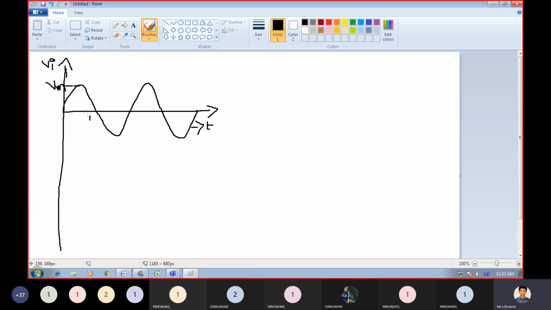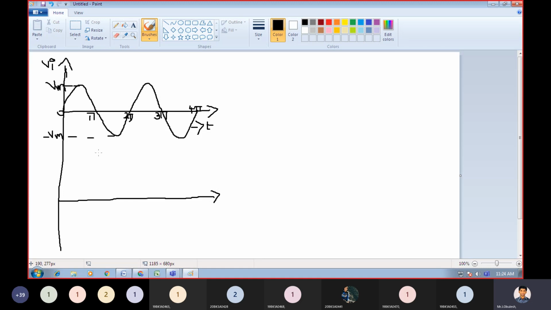Assume that this is pi, 2 pi, 3 pi, and 4 pi. This is 0. This is minus Vm. For this, you need to draw the output.